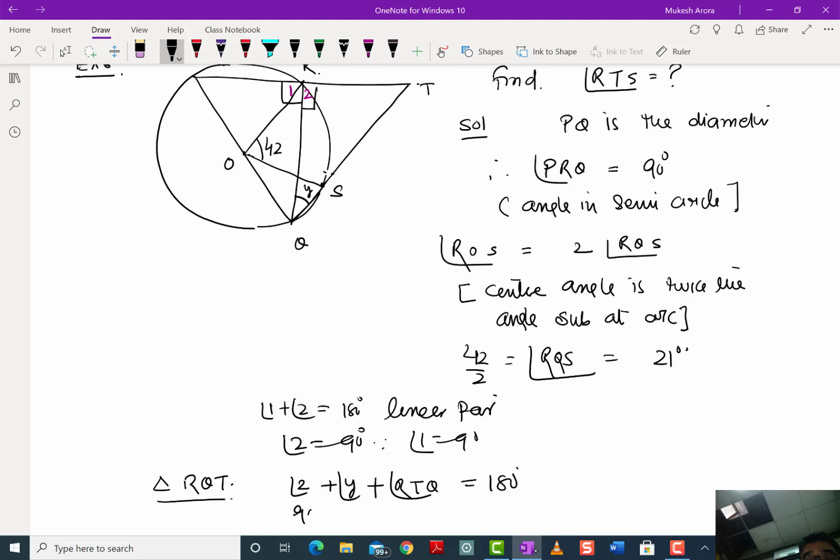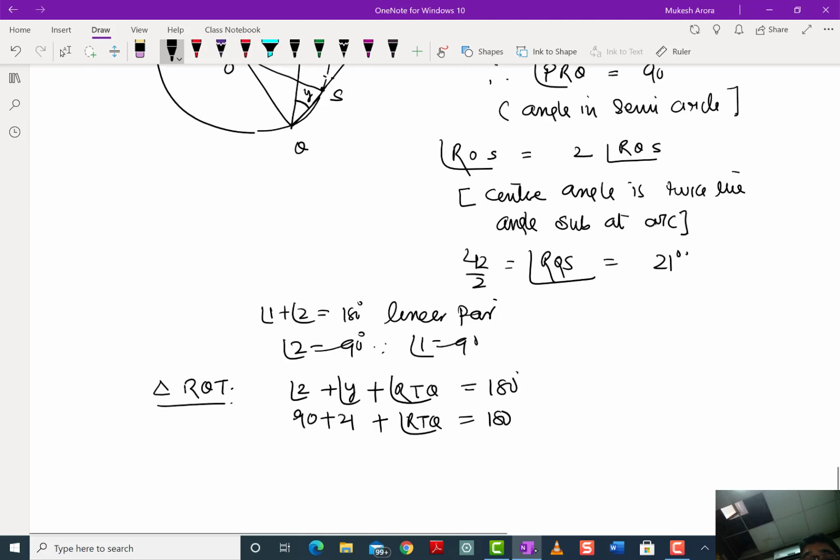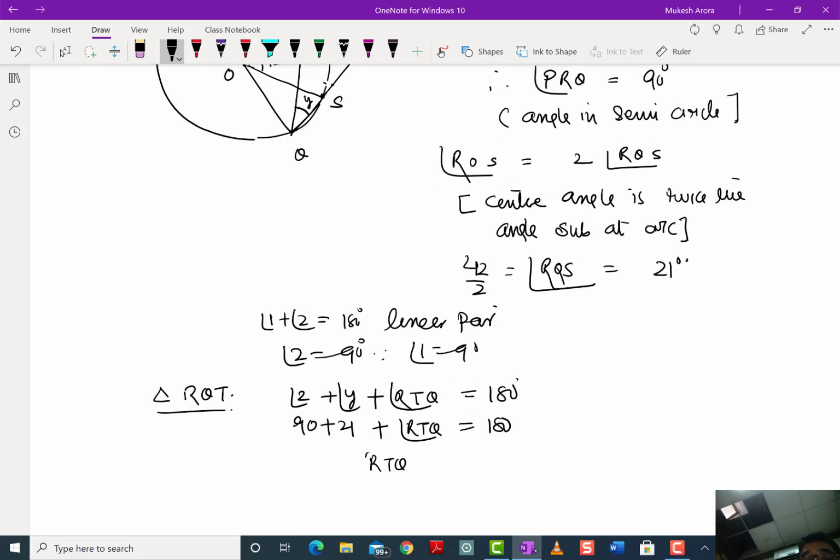This is 90 plus 21 plus RTQ is equal to 180. So RTQ is equal to 180 minus 111. RTQ is equal to 69 degrees.